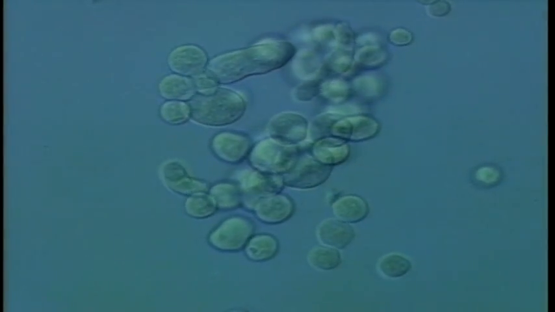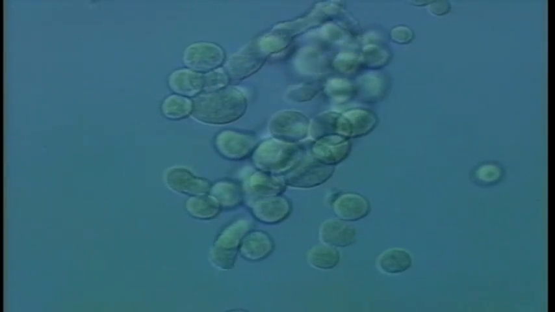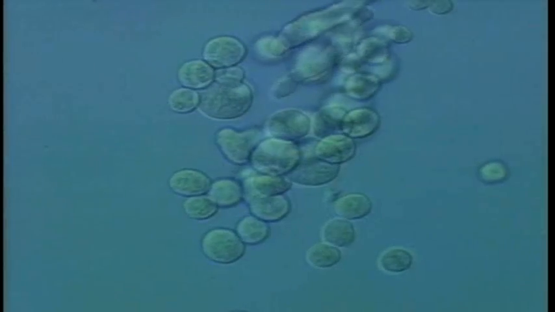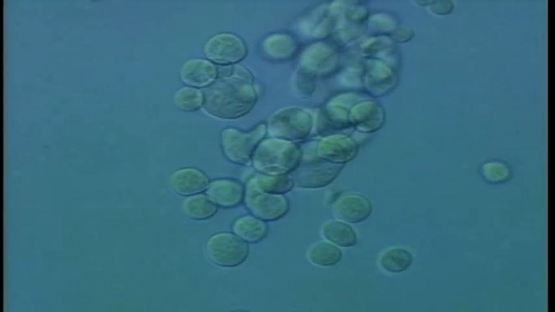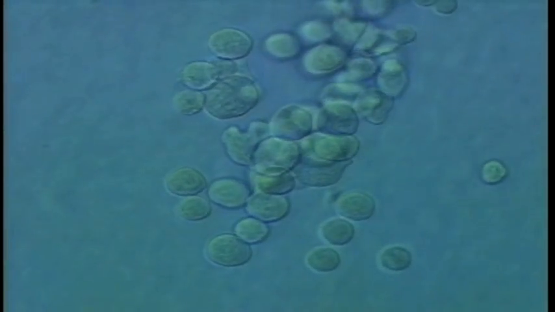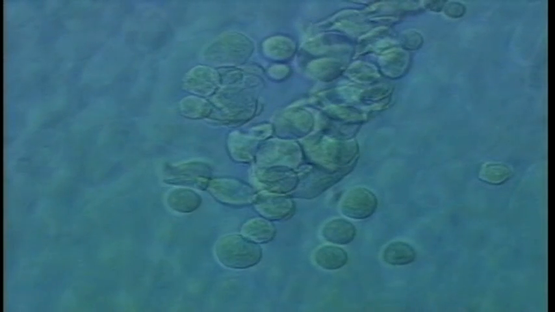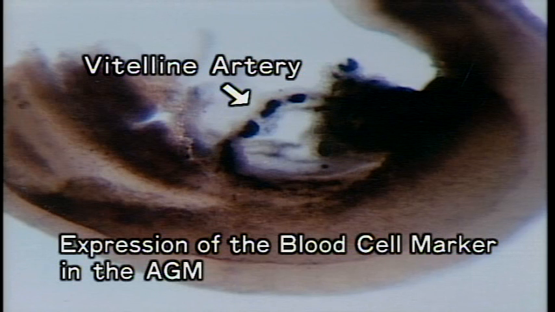However, we also understood that although the adult hemopoietic stem cells are CD34 negative, the same cells in the AGM are positive. What does this mean? Attention is being given to this new way of understanding the hematopoiesis in the AGM.